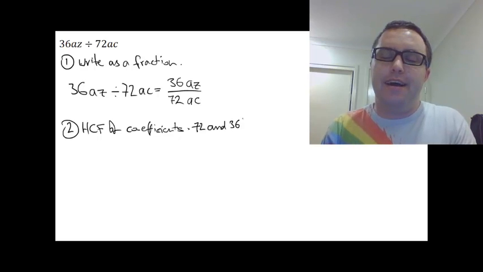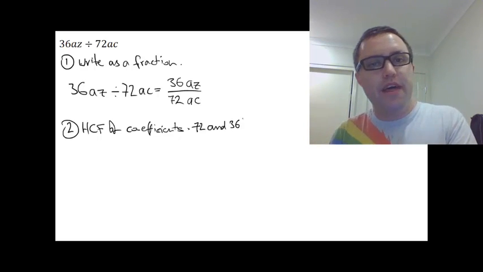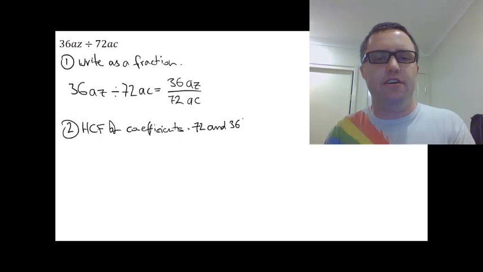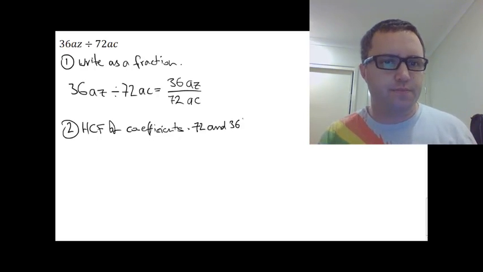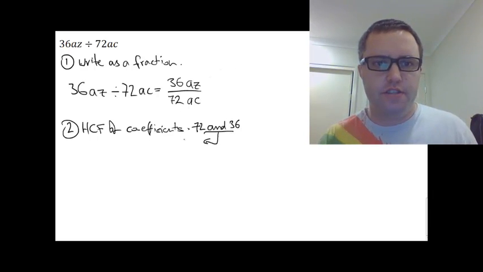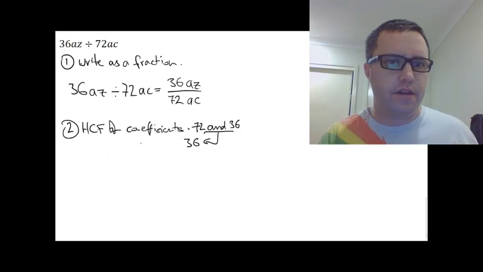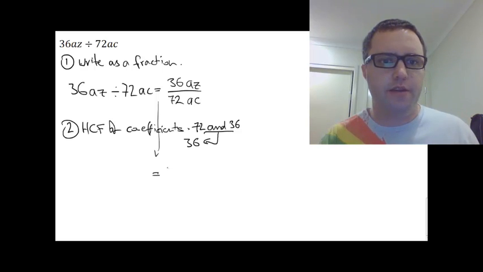There's a lot of ways you could remember that, but it's good to be able to see that and recognize what's going on. So again, we can divide both of these by 36. The highest common factor of these two is 36. So we're going to divide both the numerator and denominator by 36.